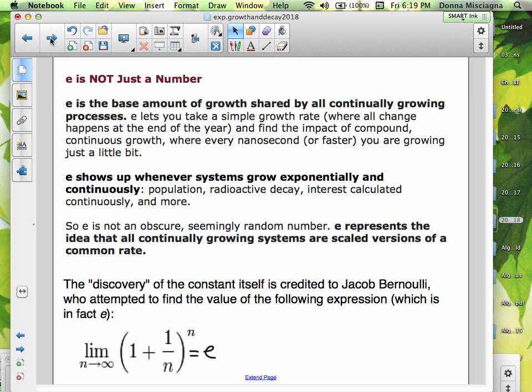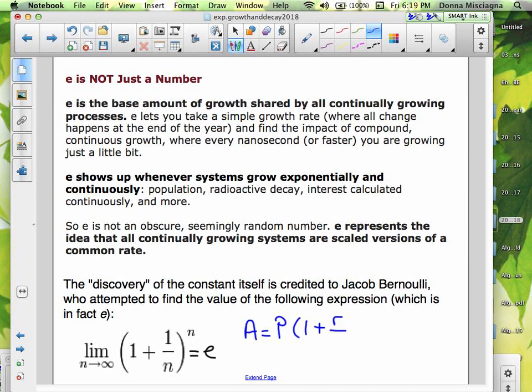I think we've seen something that looks like that. Let's write that down. So A equals P times (1 plus r divided by n) to the nt power. Doesn't it look like that? A little bit, right?